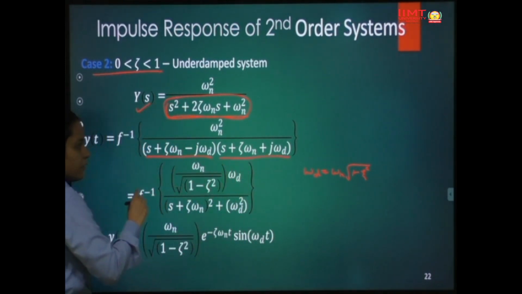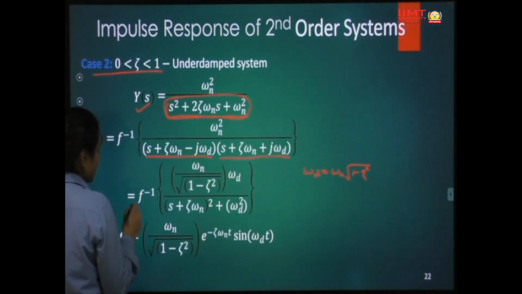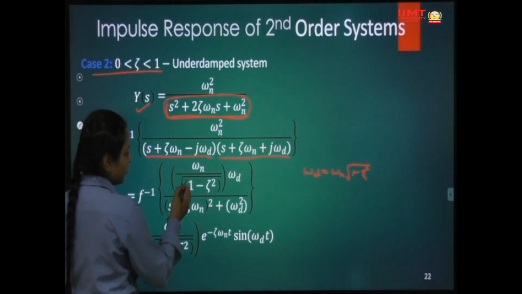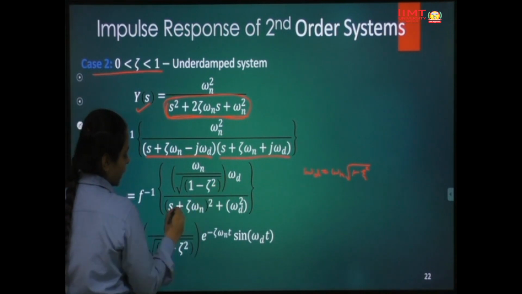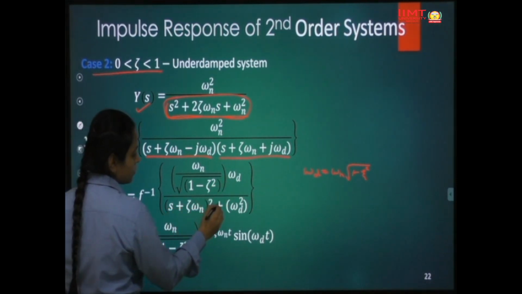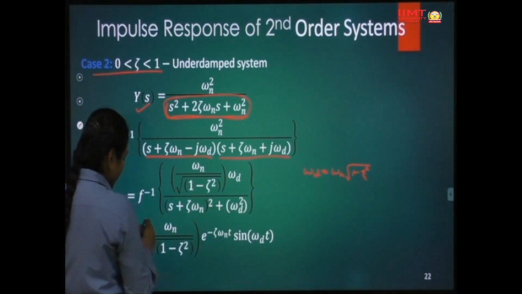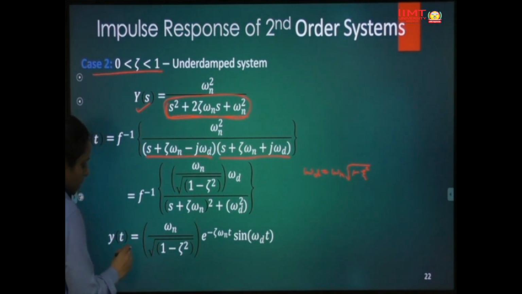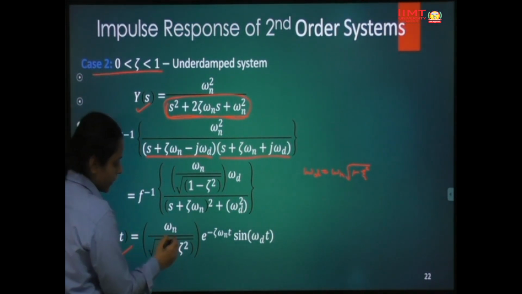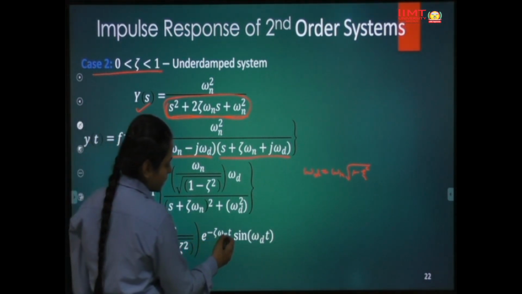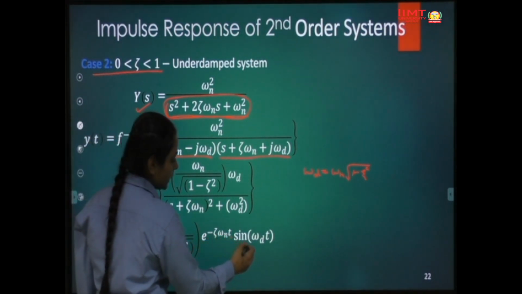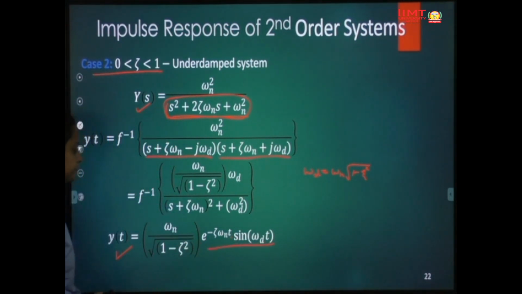So we have complex conjugate roots. If we take the inverse Laplace transform, we get omega n upon under root 1 minus zeta square times omega d upon (s plus zeta omega n) whole square plus omega d square. So the inverse Laplace transform y(t) would be equal to omega n upon under root 1 minus zeta square times e to the power minus zeta omega n t sin omega d t.